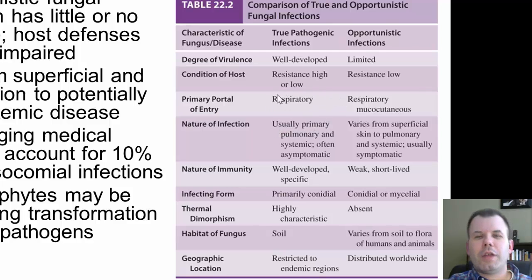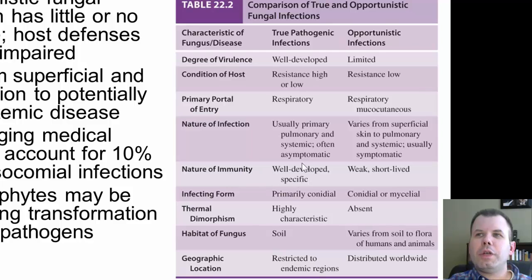Typically, true pathogens enter through the lungs, so we breathe in the spores, whereas the opportunistic are going to be respiratory or mucosal layers. The nature of infection in true pathogens is primarily pulmonary and respiratory, and often asymptomatic, whereas the infection here can be superficial skin, pulmonary, or septicemic depending on the type of infection.